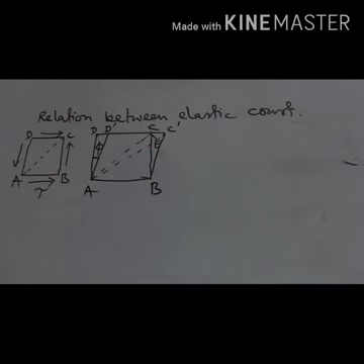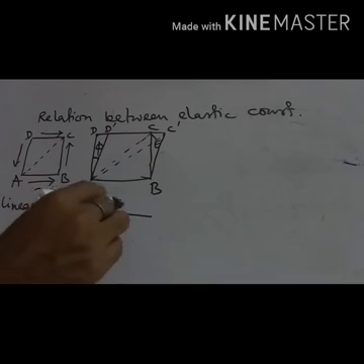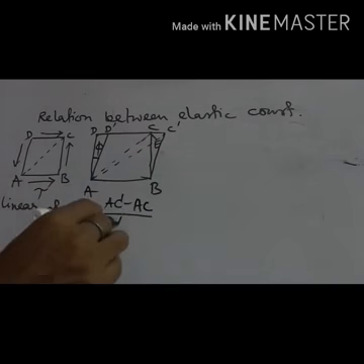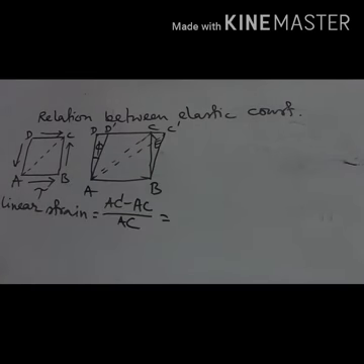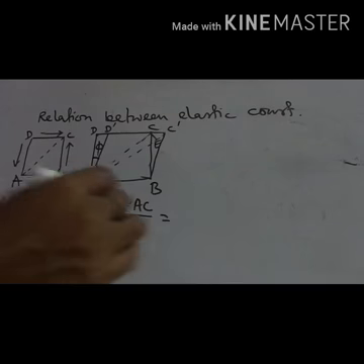So the linear strain on the diagonal is equal to AC prime minus AC, divided by AC. The change in the diagonal, AC prime minus AC, is equal to EC prime.